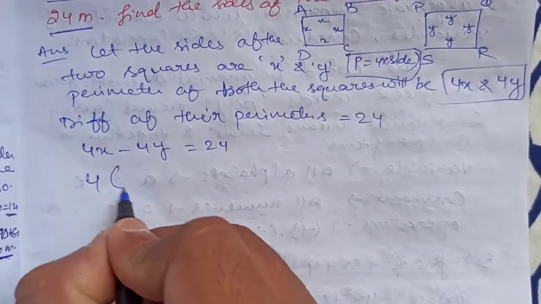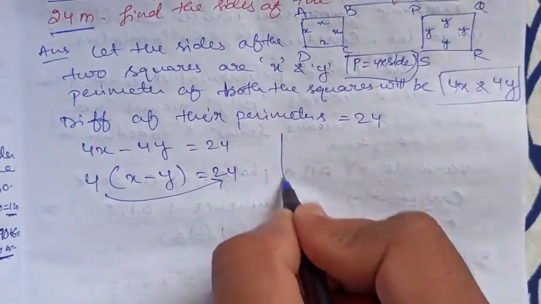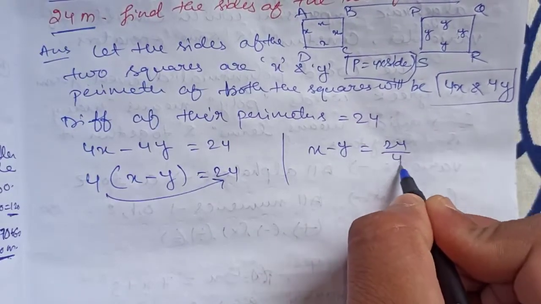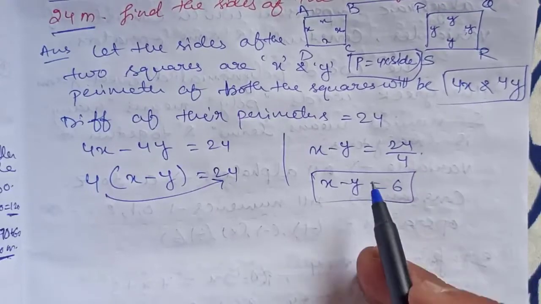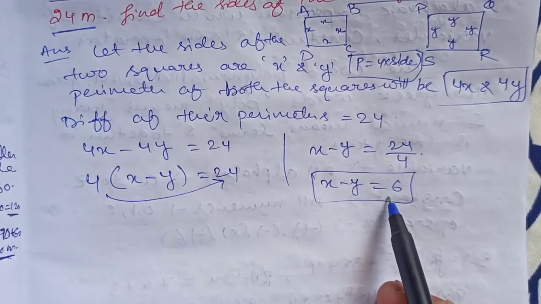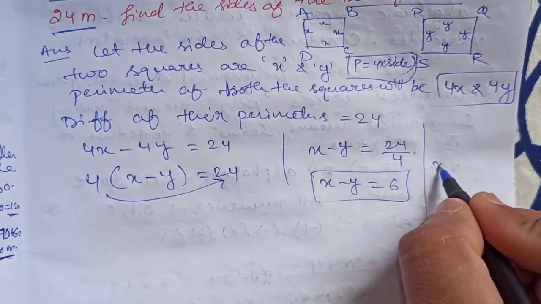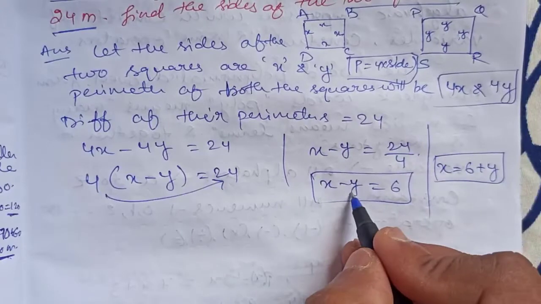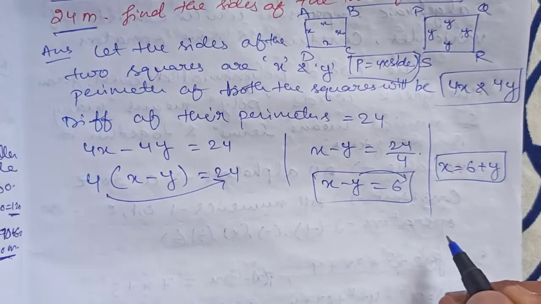Take out 4 common, x minus y equals 24 by 4, that is x minus y equals 6 meter. So the difference of their sides we got, x minus y equals 6. By bringing this y to this side, I will get x equals 6 plus y.